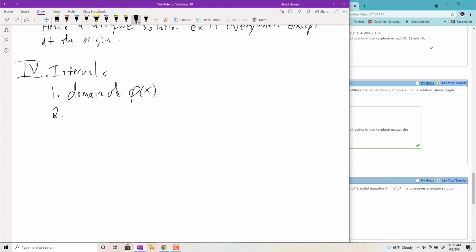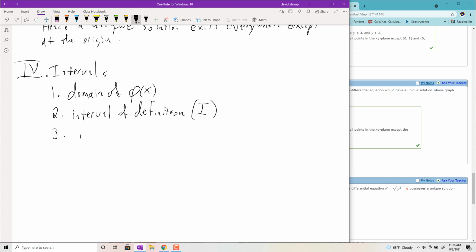Secondly, then the interval of definition, which we called I. And that's where the solution is defined, and then all of its derivatives are continuous up to the order of the differential equation. Right? So nth order differential equation, you have to have all the way up to the nth order derivative being continuous.